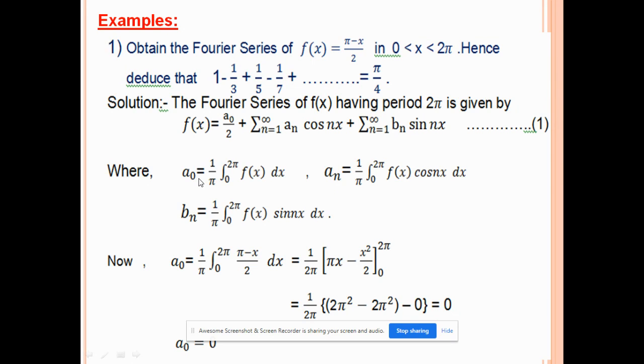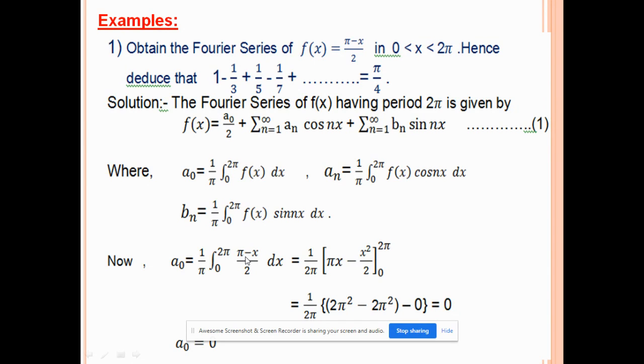Then to find a naught, a naught is equal to 1 by pi integration from 0 to 2 pi of (pi minus x) divided by 2 into dx. When we integrate this one, here 2 is constant, take it outside: 1 by 2 pi, then integration of pi minus x.